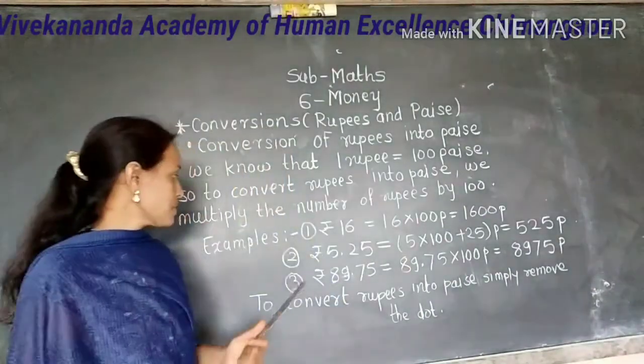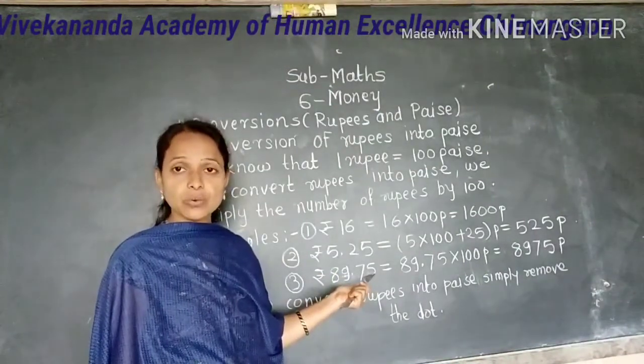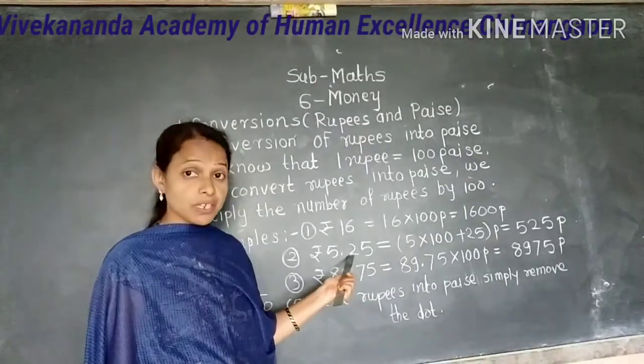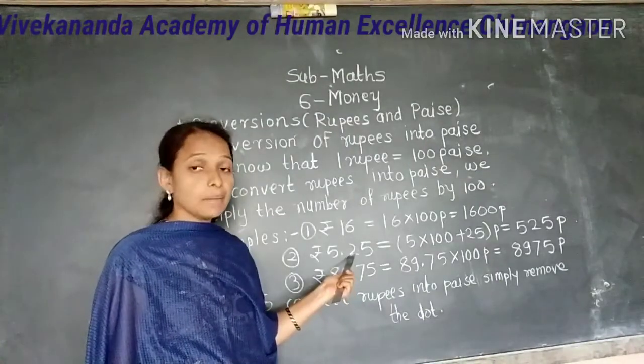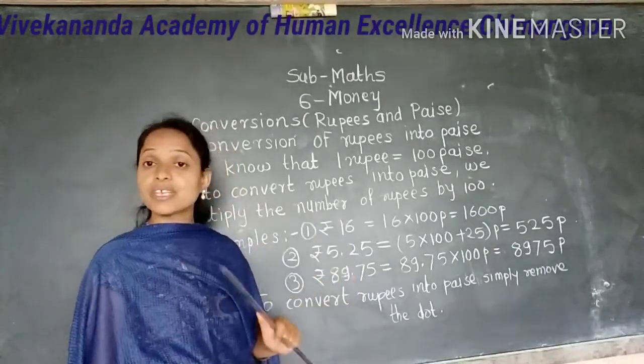Next example, see 5 rupees 25 paise. In this example, rupees and paise are both given, correct? But here we have to convert rupees into paise, so paise we keep as it is.